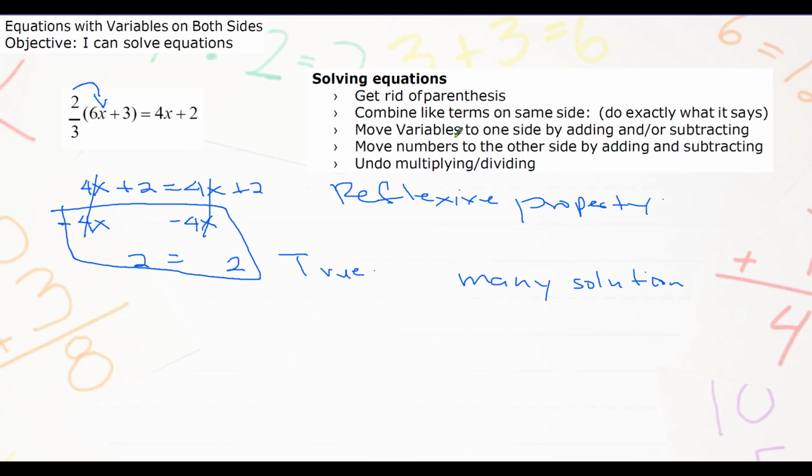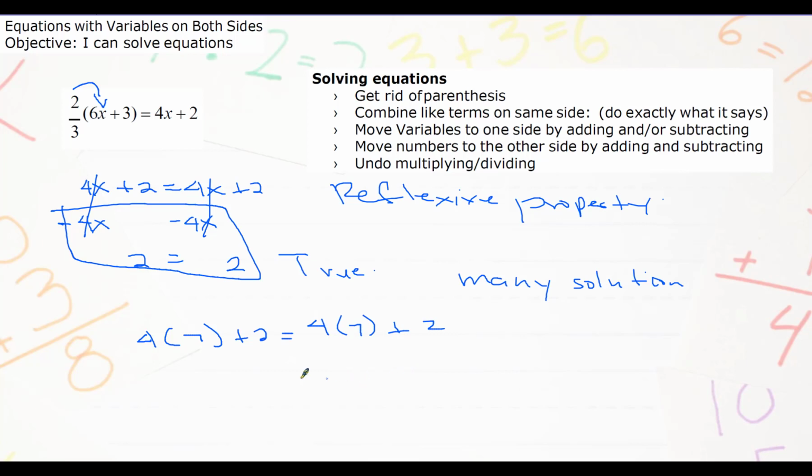So if you plug in a number to your x, let's say 7. So 4 times 7 plus 2. Here, replace your x by 7 also. So when you check and simplify this one, note that the left side will be equal to the right side.